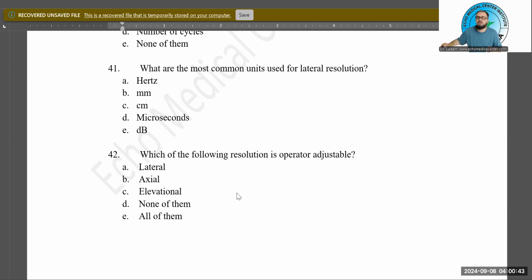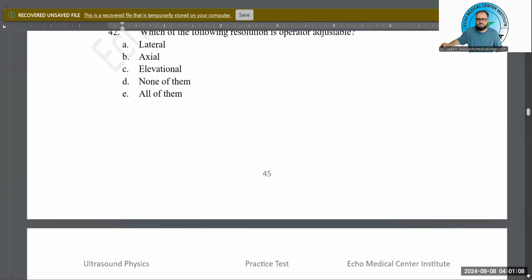It is lateral resolution because lateral resolution is determined by the beam diameter, and beam diameter is adjustable by the focal point. We can change the location of the focal point. Absolutely correct answer. Let's go for the next one.